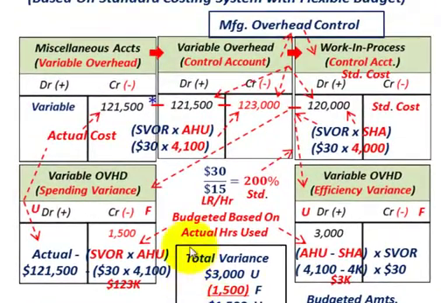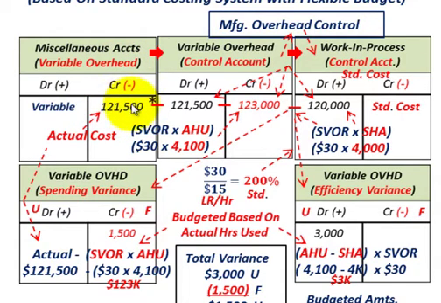Okay, so let's go up and look at our problem here. We're going to start out with our actual costs that were accumulated for the period for that variable overhead, and it was $121,500. So that's what we actually experienced based on miscellaneous accounts that are coming into this variable overhead.